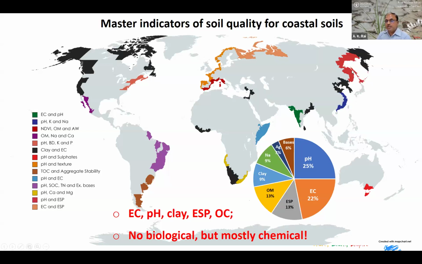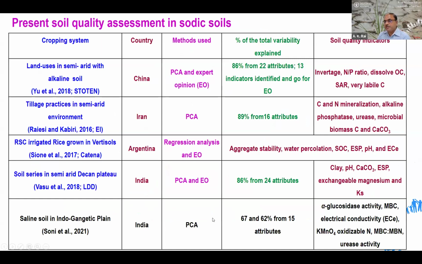Throughout the globe in salt affected regions, these are the indicators that have been identified to develop the index. But what is the drawback? Mostly chemical parameters are coming up, not biological ones, but the soil is a living system, and it has another dimension if you are using biological indicators also. This is the one issue that the soil science community is facing, or management planning is affected.